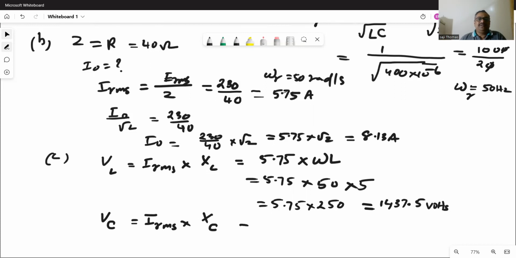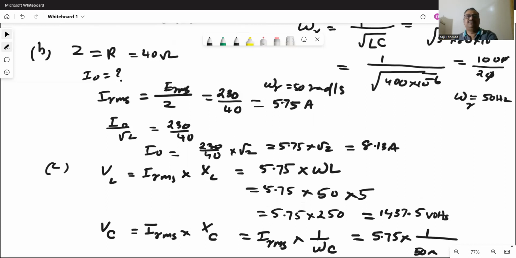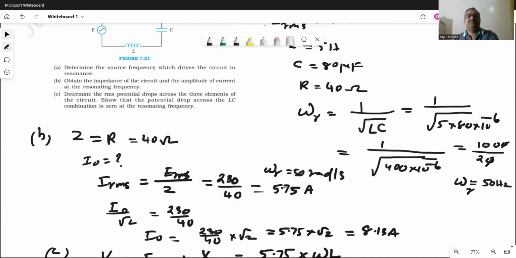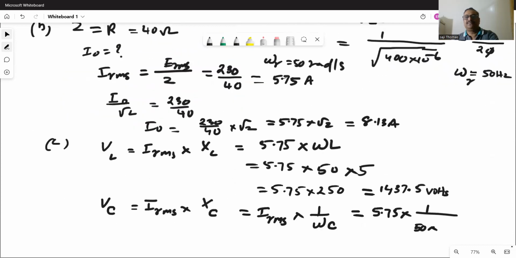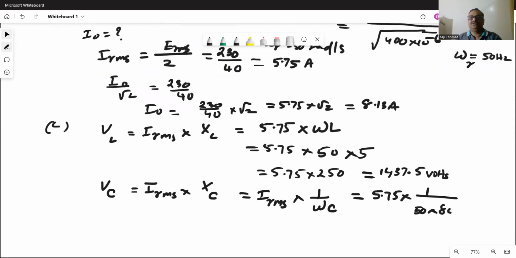XC, you know, is 1 by omega C. So IRMS is 5.75 into 1 by omega. Omega is 50. C value is also given, 80 microfarad, 80 into 10 raised to minus 6.